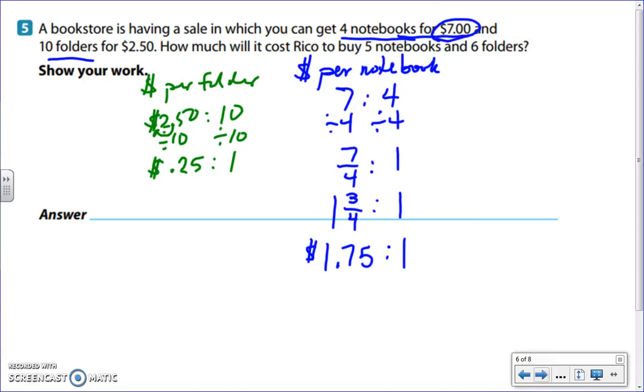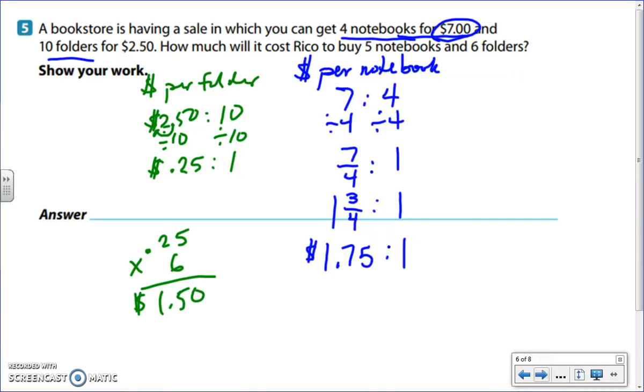And so if each folder is 25 cents and each notebook is $1.75, I can find the total sum by taking, for my folders, 25 cents times 6. That's $1.50.